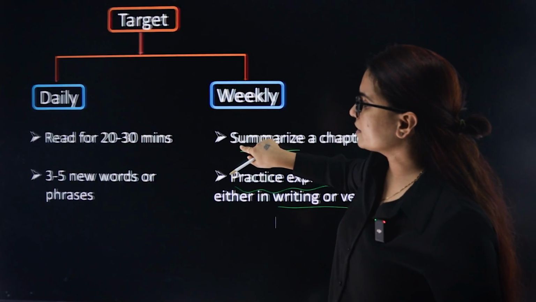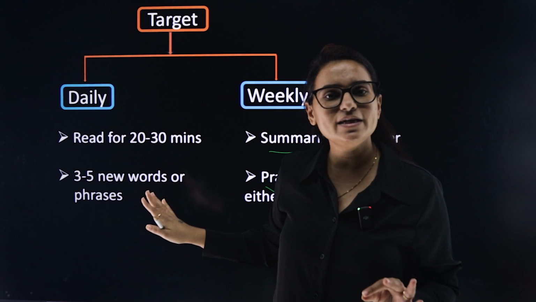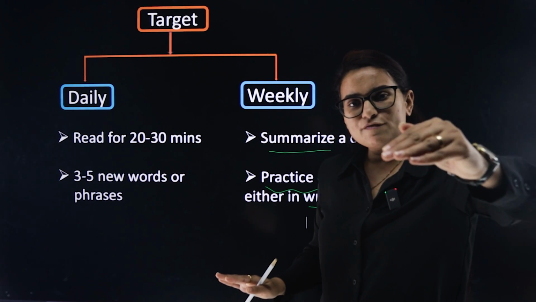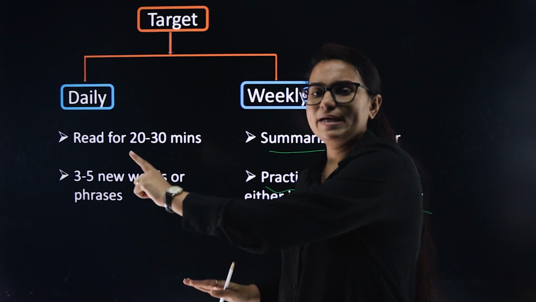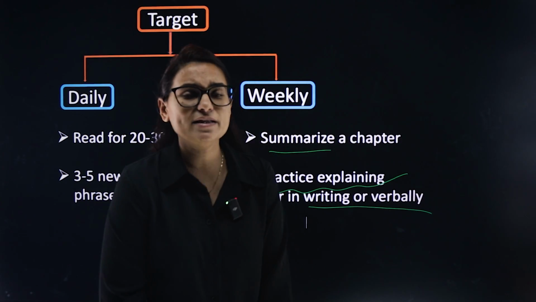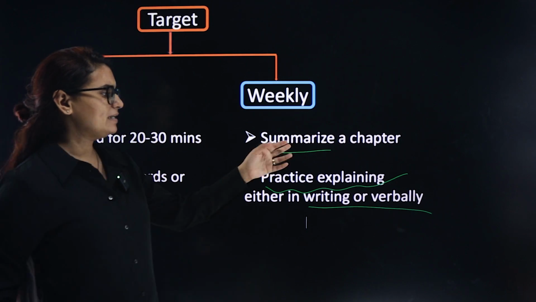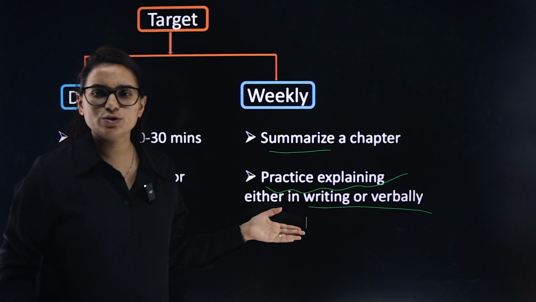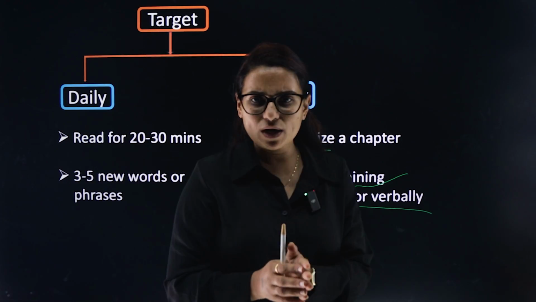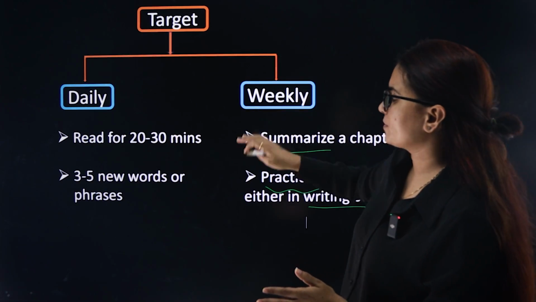In daily basis target, my target is to just read and collect words. That's it. One day I've read, second day I've read, third day I've read. On the fourth day, I'll do my weekly target. In the weekly target, I have to write it down or I have to explain it to somebody. That's all my target is all about. I think this much we all can do. We don't have to worry too much.